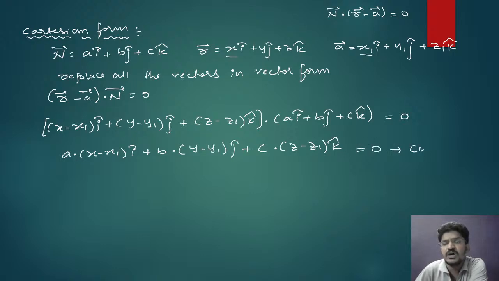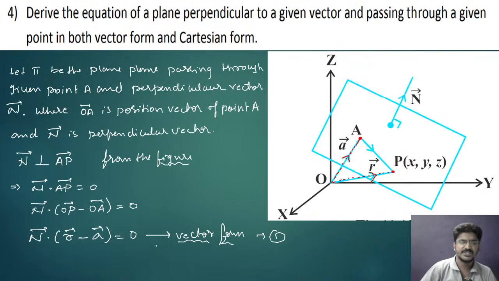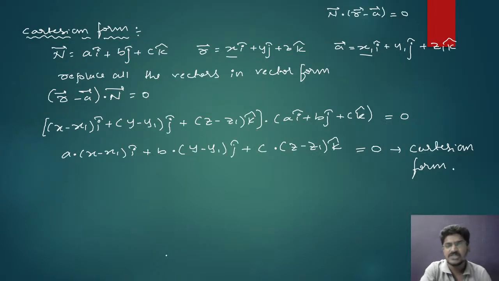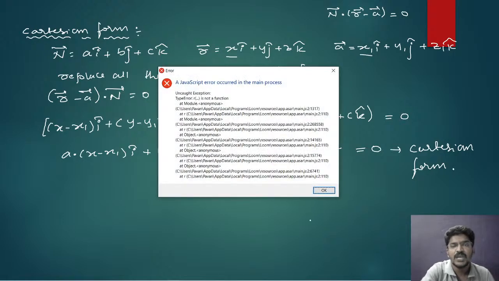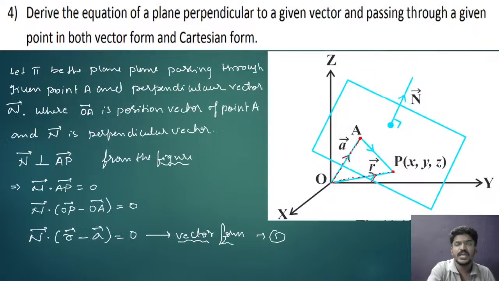So this is your Cartesian form, and here is your vector form. So like this, you can write your theorem where the plane is passing through the given point and perpendicular to the given vector.